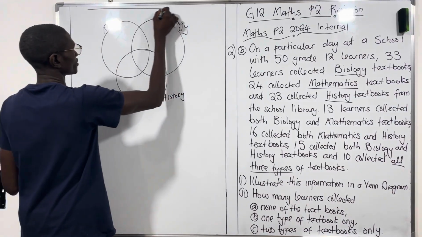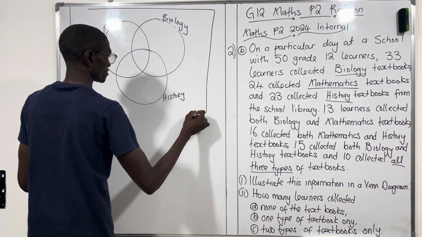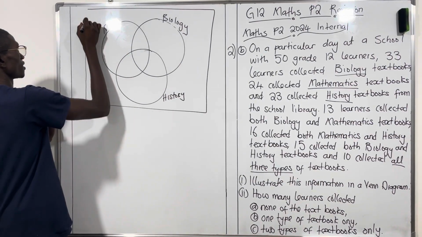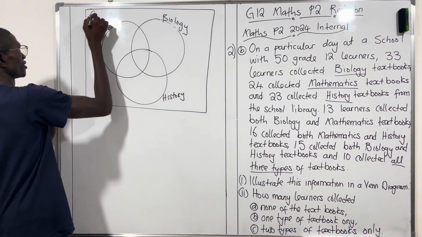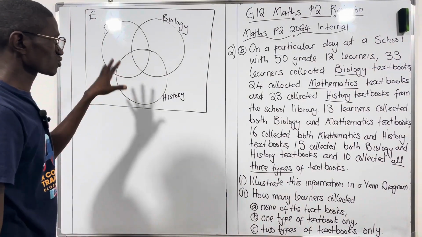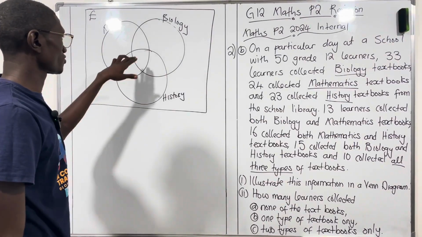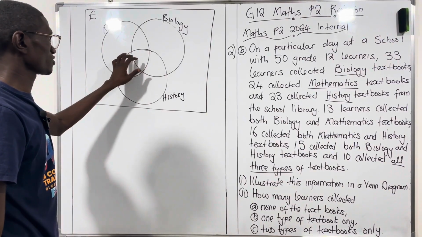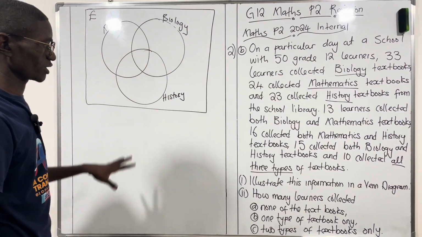Okay, put our Venn diagram there. And then this is going to be our universal set. So now we start plugging in the values. You plug in the values starting from the center right here, and then you start distributing the values going outwards.